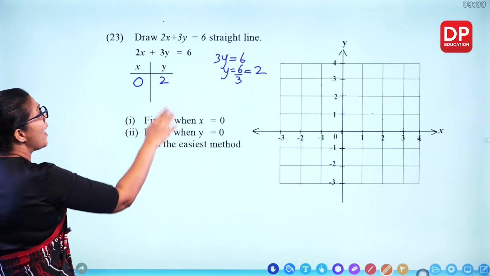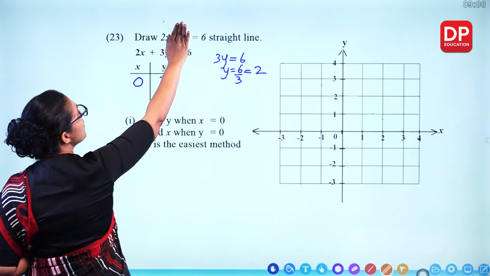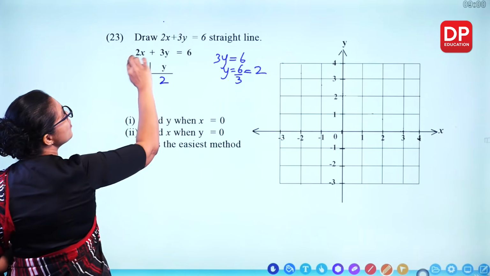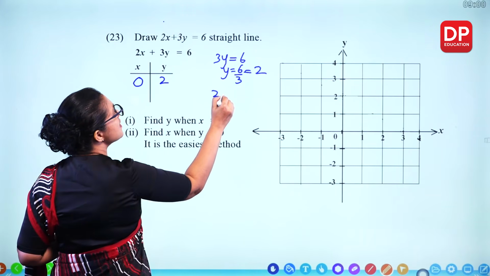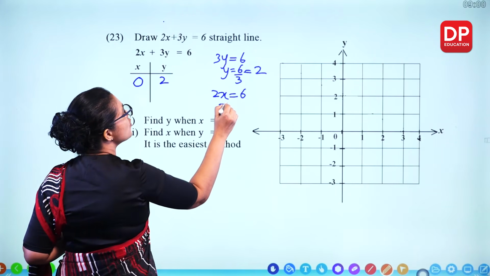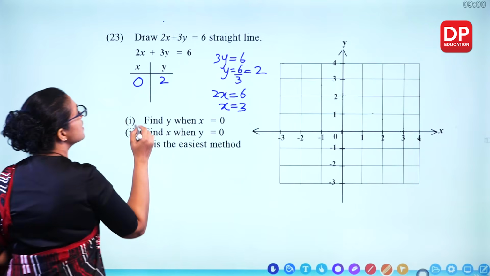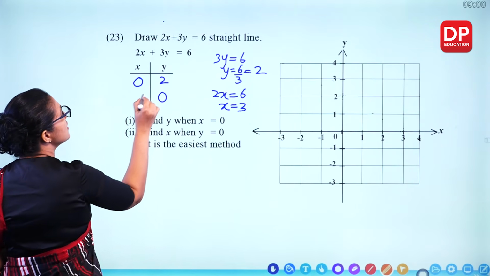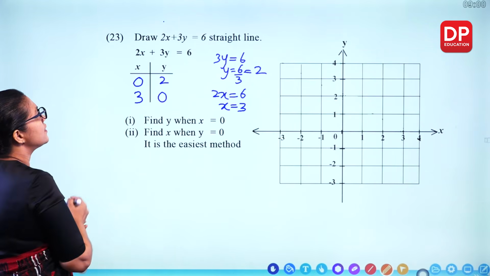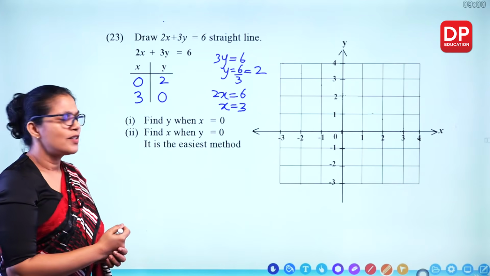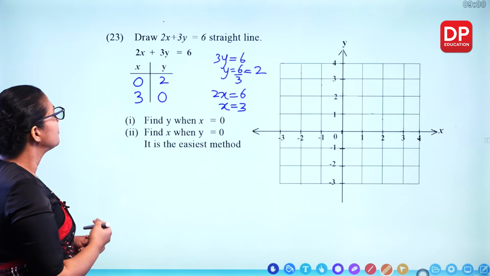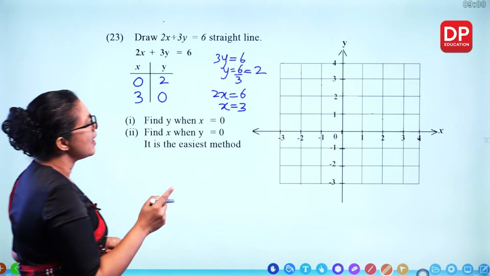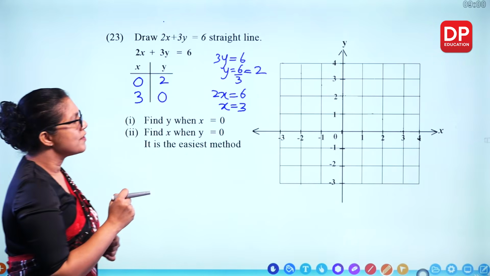Now, y equals 0. Cover the y term. What happens? You get 2x equals 6. Divide by 2, you get x equals 3. So when y equals 0, x equals 3. So you have two coordinates, ordered pairs, and you can mark them and draw the graph.